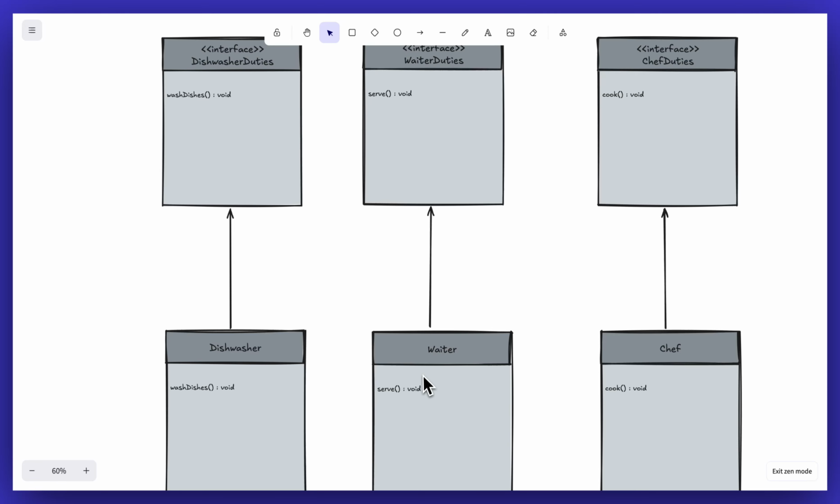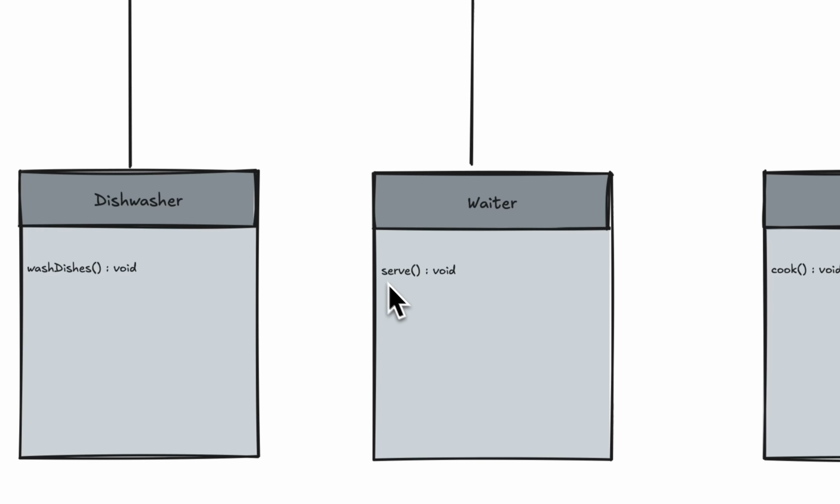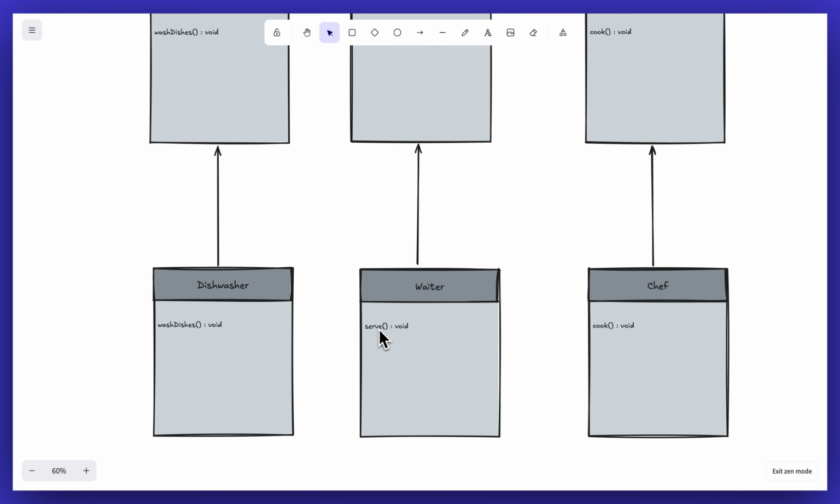Now, even after implementing the functions in the waiter duties like serve, it should still follow the LSP. LSP said that this particular function should not throw an exception, or change the behavior. Serve means the waiter should serve. But instead of serving, if it is just logging, then that is not following LSP. I hope you are getting this point.